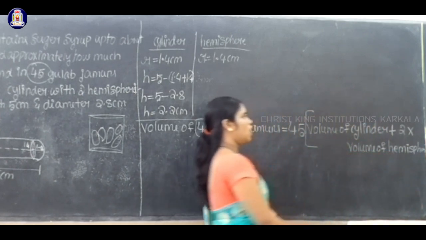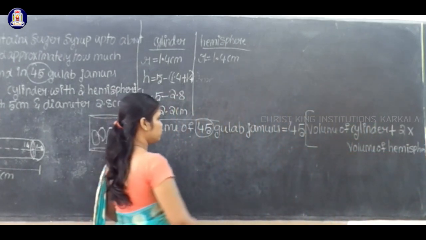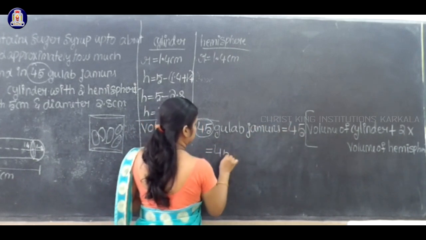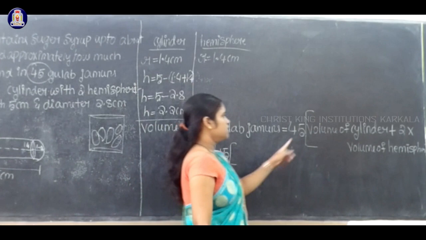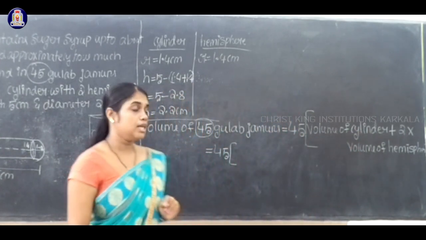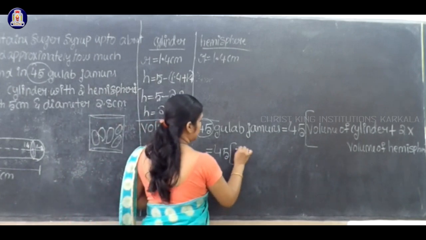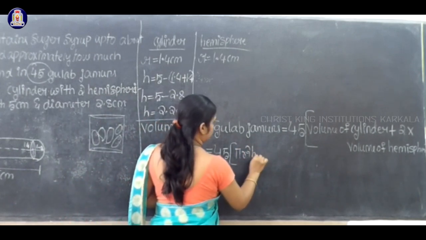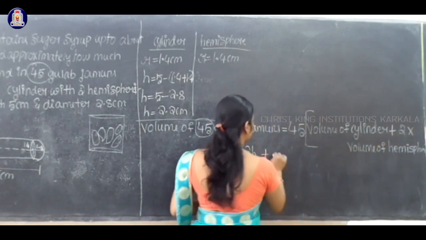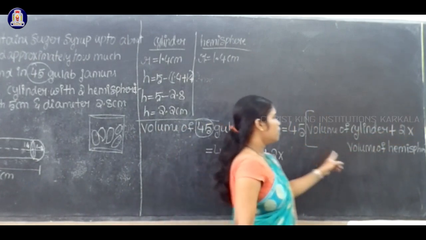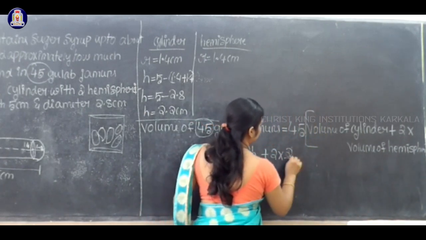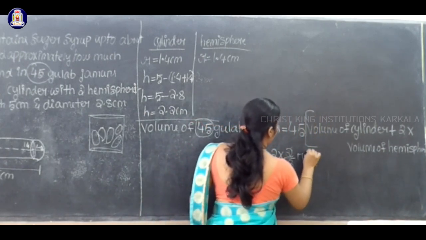Okay, yes. So now I will substitute the values. This is equal to 45 into, what is the formula for volume of the cylinder? Volume of the cylinder is given by pi r square h plus 2 into volume of the hemisphere, which is given by 2 by 3 into pi r cube.